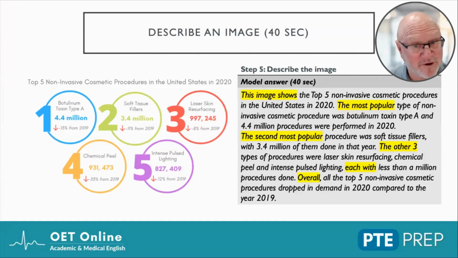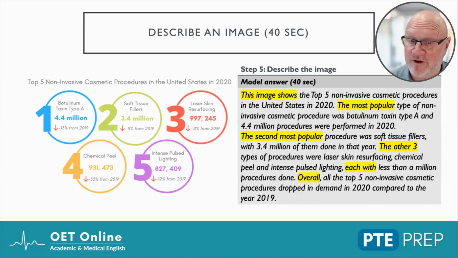The most popular type of non-invasive cosmetic procedure was botulinum toxin type A, and 4.4 million procedures were performed in 2020. The second most popular procedure was soft tissue fillers, with 3.5 million of them done in that year.